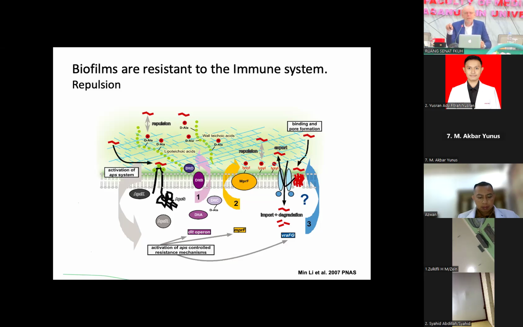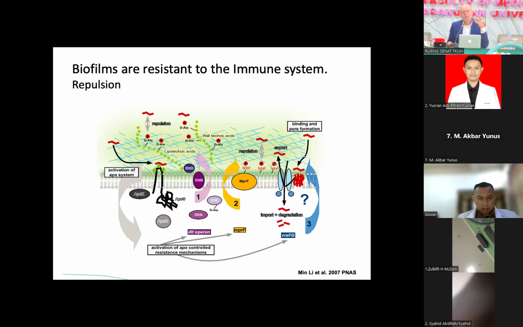And if an antimicrobial peptide enters this surrounding, on the left you can see a two-component system that can interact specifically with this antimicrobial peptide. And then the response of the bacterium, which you can see in the middle, is that the wall teichoic acid, which is part of the cell wall, incorporates alanine. And alanine is positively charged.